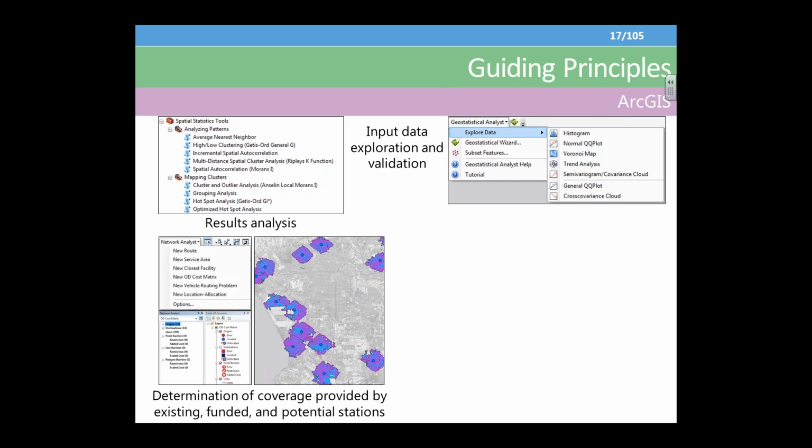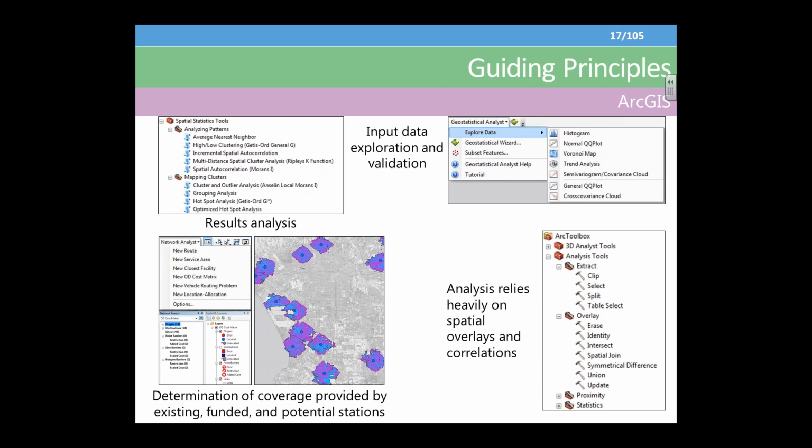You can use them to analyze your results and provide interpretations and meaning to the analysis that you performed. We also utilize some built-in tools for determining the coverage provided by existing, funded and potential stations. And we talked this morning about overlay actions and how that ties directly into our market analysis and then into our coverage gap assessment.